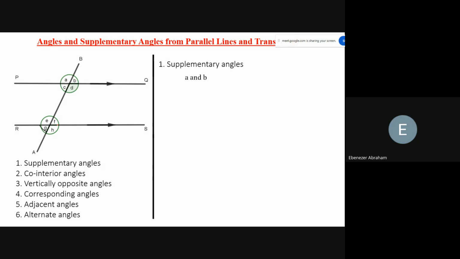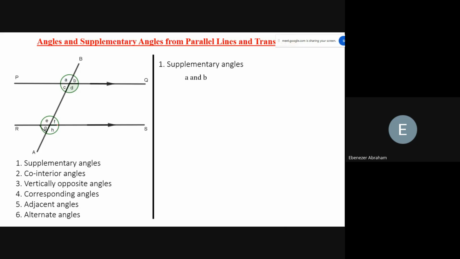Are we done? What about C and E? They are, but I learned that one as co-interior angles. Yes, it's co-interior, but they are also supplementary angles.